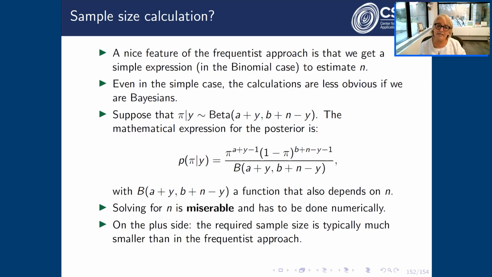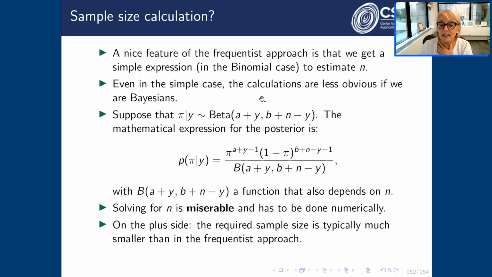It turns out that even in the simple case, the calculations are much less obvious if you're a Bayesian, and you certainly cannot do it on your calculator. So in this very simple case where I have a beta prior, a binomial likelihood, and that results in a beta posterior, remember, I told you the posterior for pi is beta with parameters a plus y and b plus n minus y.